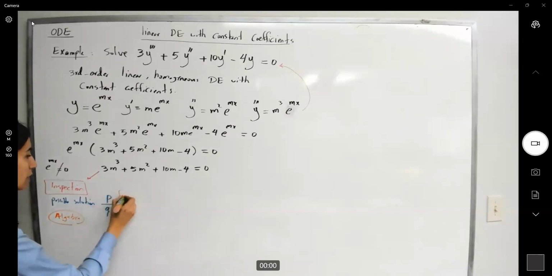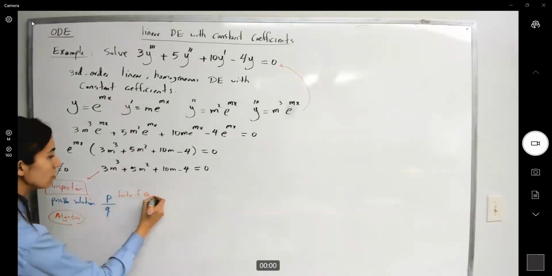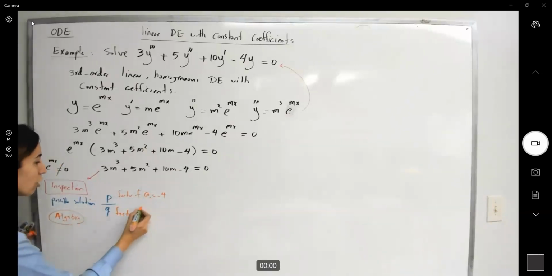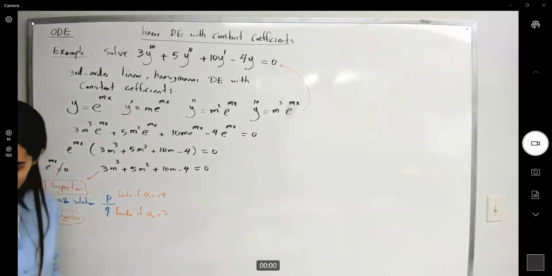P is a factor of a sub 0, which is -4, and Q is a factor of a sub n, which is 3.